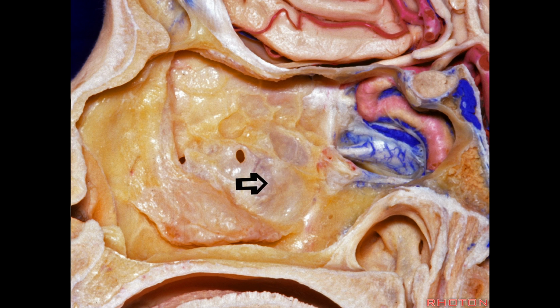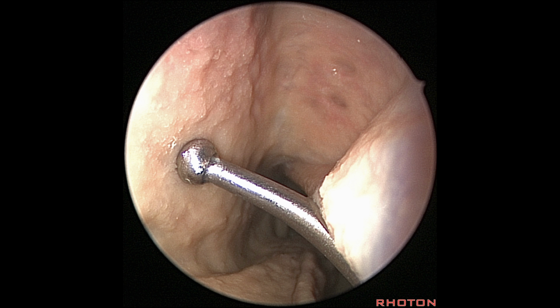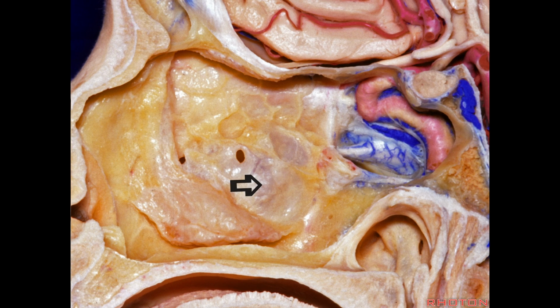Now, expanding the approach laterally down in this area, and I'll get done here quickly, but here we're looking at lateral wall of nasal cavity. And if you're going to go through a pterygoid process, here we are again, middle meatus, middle turbinate, nasal septum will be over here, lateral wall of nasal cavity above the inferior turbinate, right in this area.